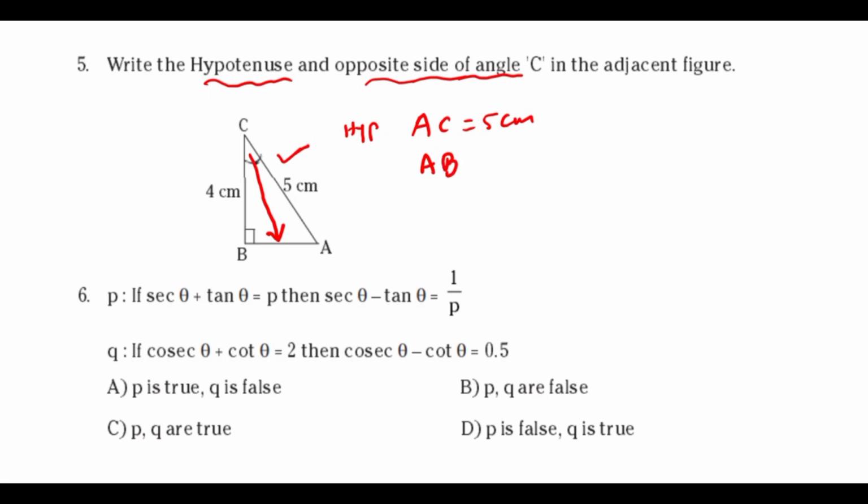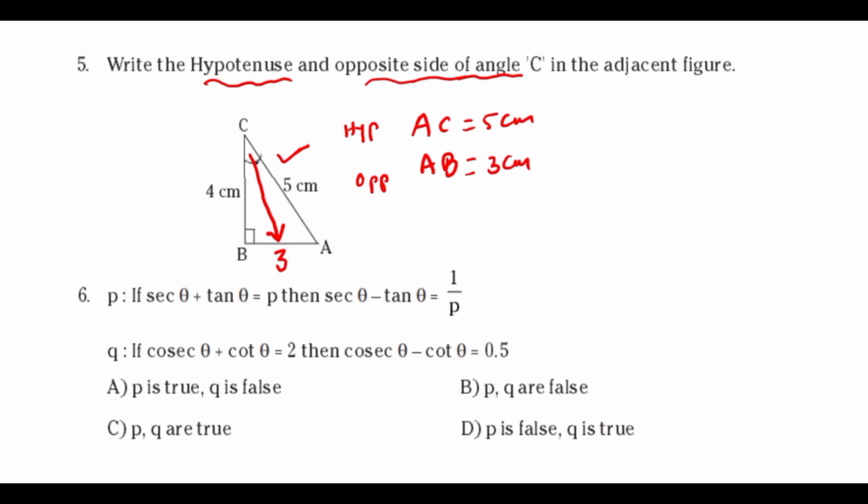This is the opposite side. Still, if you want to write, you can write by using the Pythagoras theorem. So definitely we will get 3 centimeters, and if you want to write 3 centimeters, you can. Actually, the question asks for the hypotenuse and opposite side. So the hypotenuse is AC, the opposite side is AB. So that is enough for this.